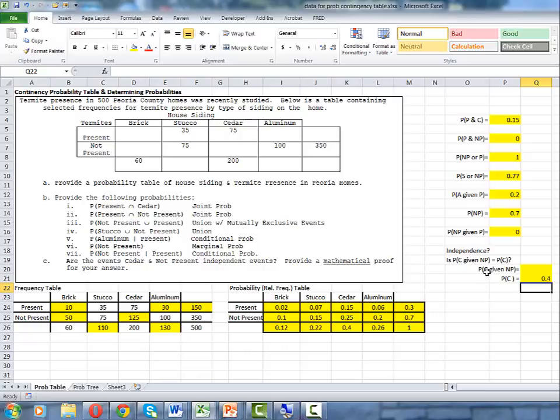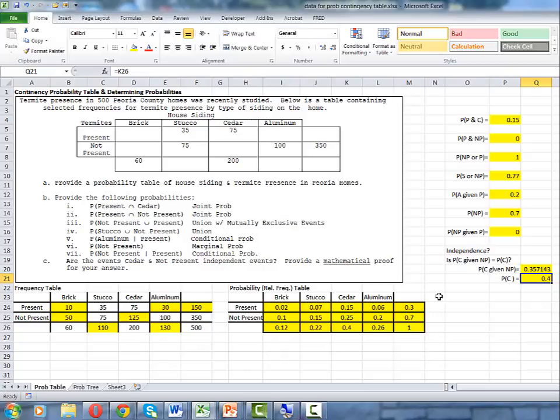Will that change the probability that it's a cedar home? Well, let's find out. Let's take the joint probability of cedar and not present and divide by not present. And obviously that's different from 0.4, so they are not independent events, statistically independent events.